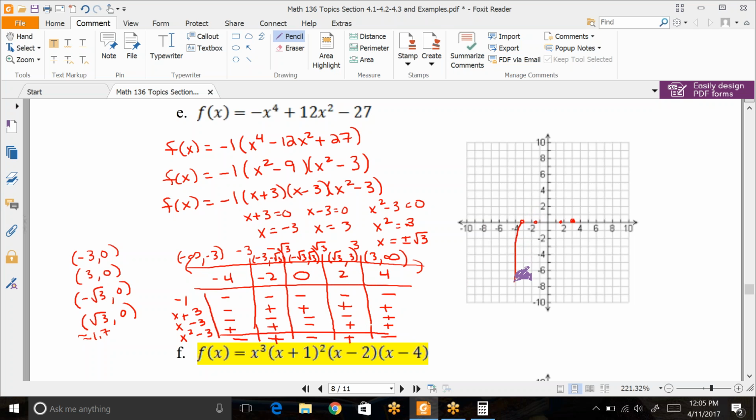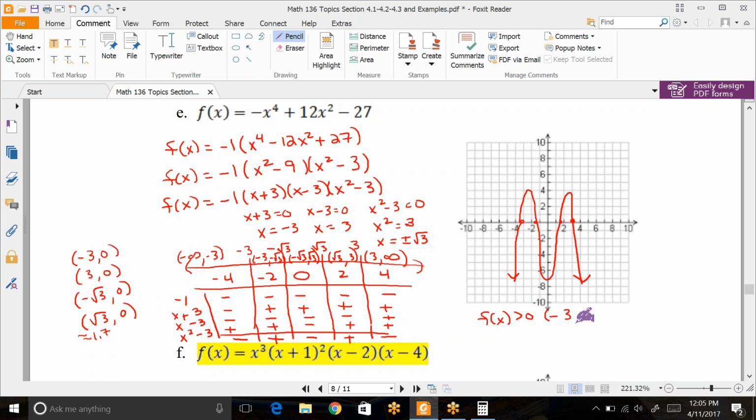So we start off below, then we go above, then below, then above, then below. And then my f of x part. For f of x greater than 0, you're looking for the plus signs.